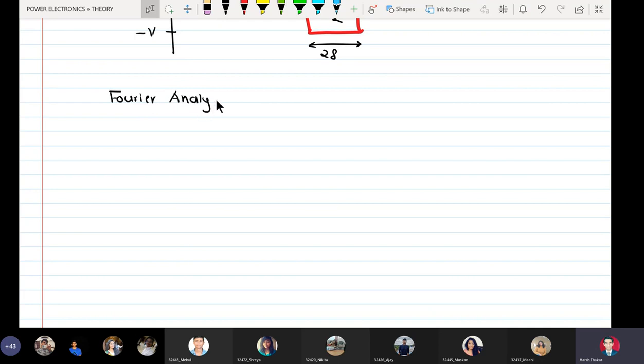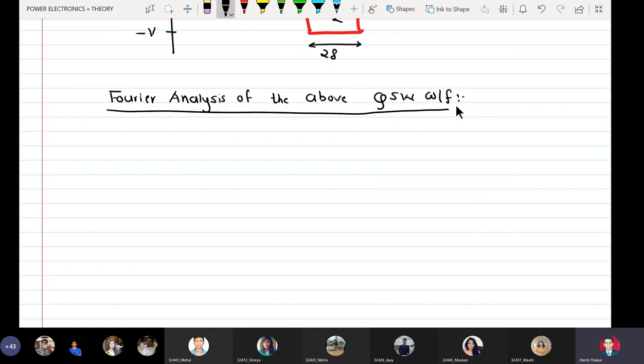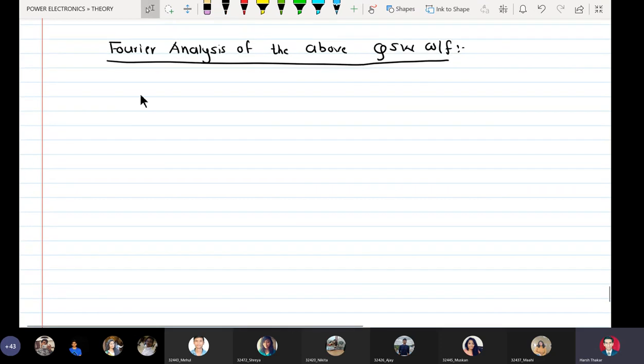So directly writing the Fourier analysis of the above Cauchy square wave waveform, it gives me the coefficient an. Let me put it this way, students.